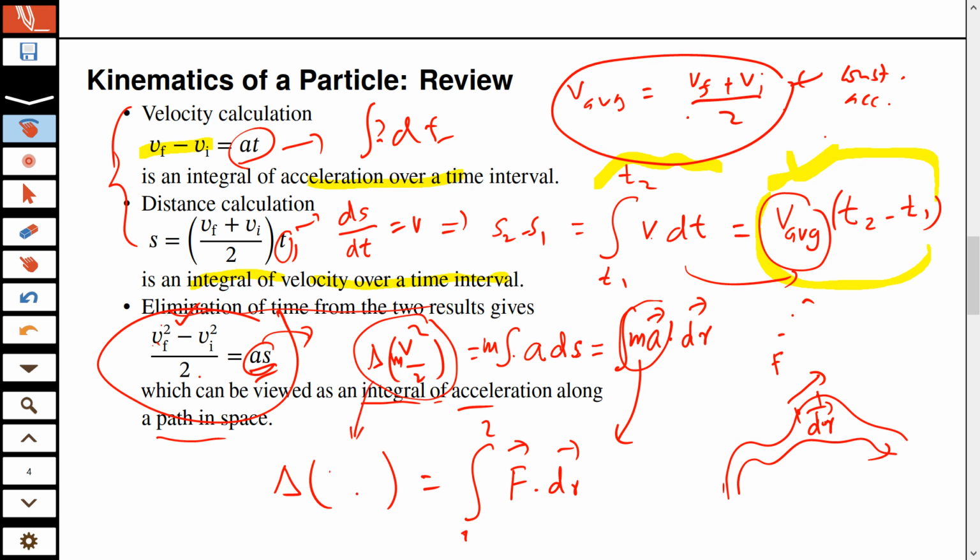That was a change in momentum when we introduced mass. This is now a change in kinetic energy, okay. So just by looking at these equations and by thinking about them, we introduced two new quantities, the integral of force.